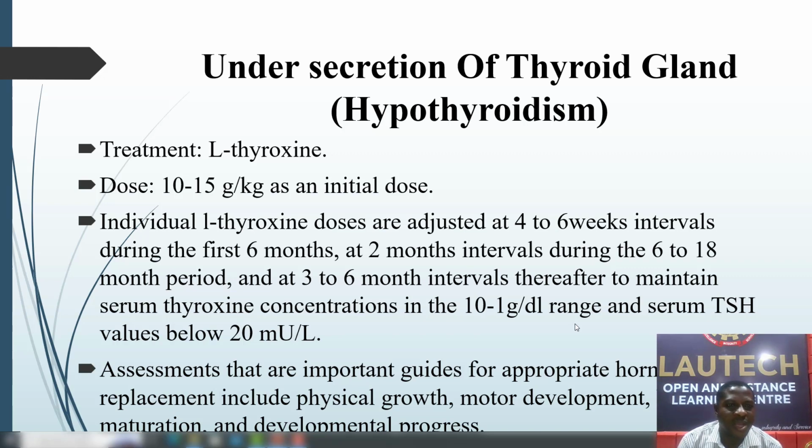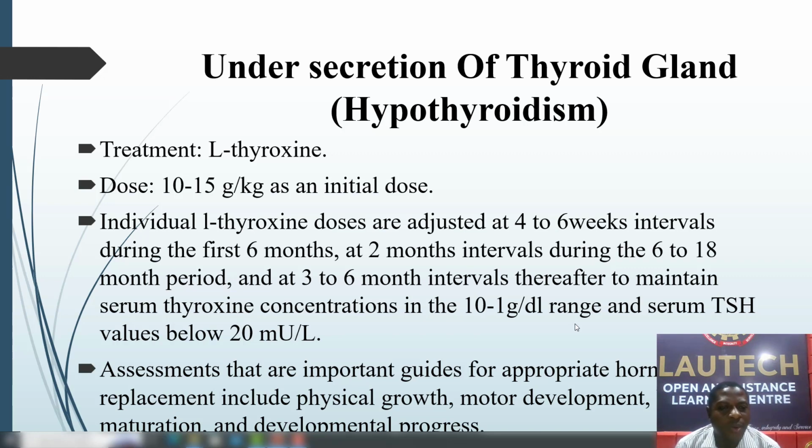Individual L-thyroxine doses are adjusted at 4 to 6 week intervals during the first 6 months, at 2 month intervals during the 6 to 18 month period, and at 3 to 6 month intervals thereafter to maintain serum thyroxine concentration in the 10 microgram per deciliter range, and serum TSH value below 20 microunit per liter.